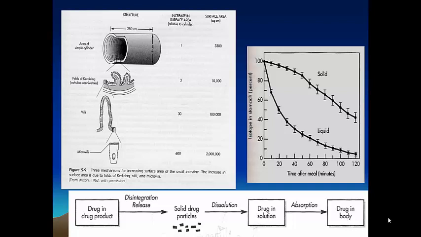And as I just mentioned, of those three steps that I just alluded to, the limiting step is really the absorption, which is the last one.